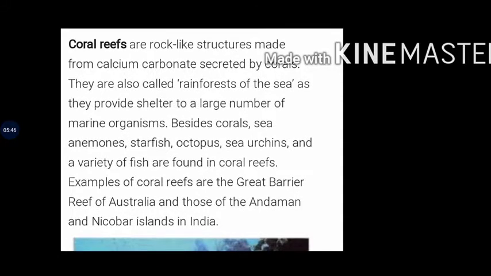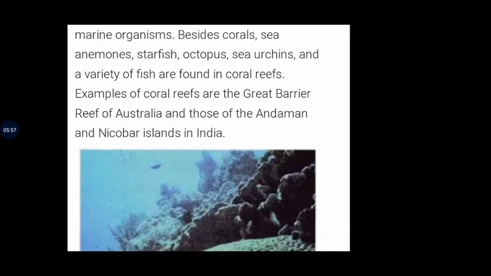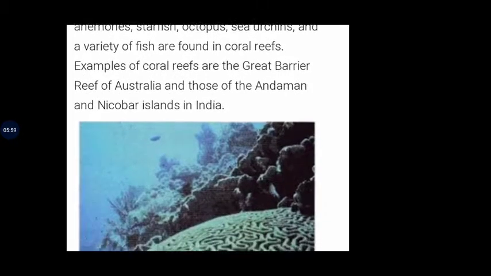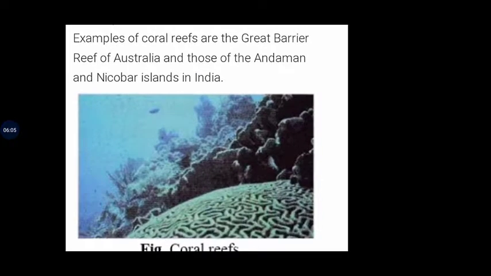These coral reefs are also known as the rainforest of the sea, and they provide shelter to a large number of marine organisms. Besides corals, sea anemones, starfish, octopus, sea urchins and a variety of fishes are found in the coral reefs. Examples of coral reefs are the Great Barrier Reef of Australia and those of the Andaman and Nicobar Islands in India. We are seeing the coral reefs.